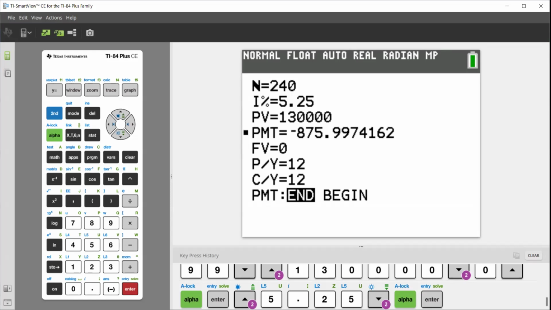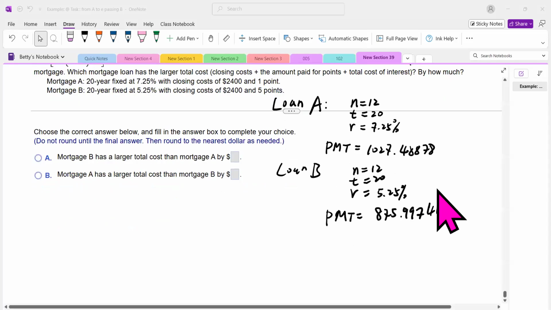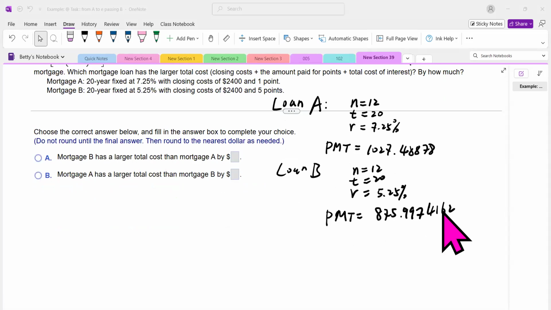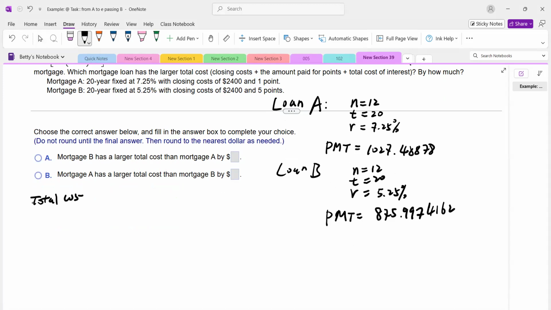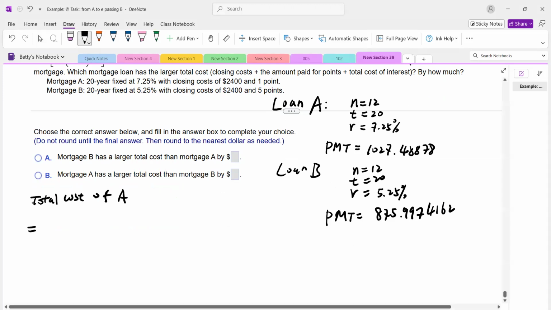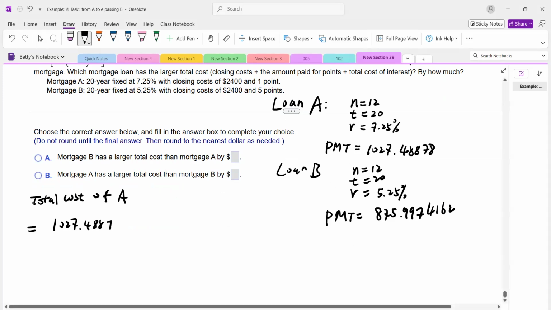And now let's go back to the notes again. I'm going to calculate the total costs for each plan. I can use a simple calculator. Let me write total cost of A. So the monthly payment is 1027.48.